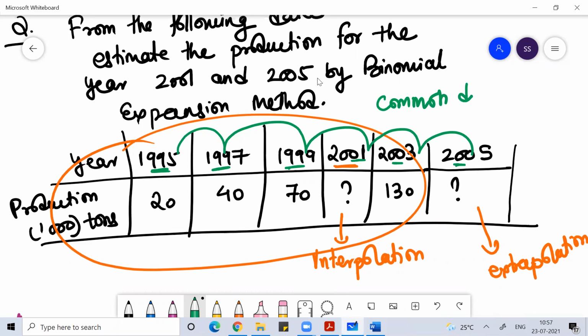The consecutive values of the independent variable should have a common difference. Clear? Anyone? Any doubt?